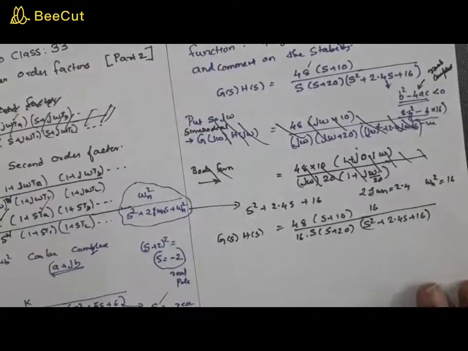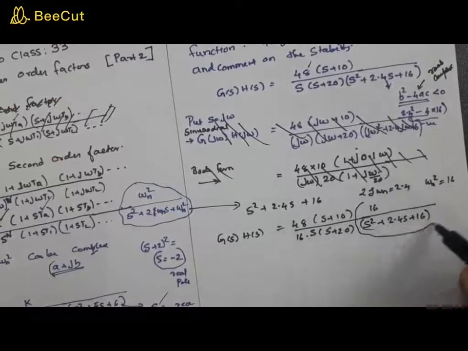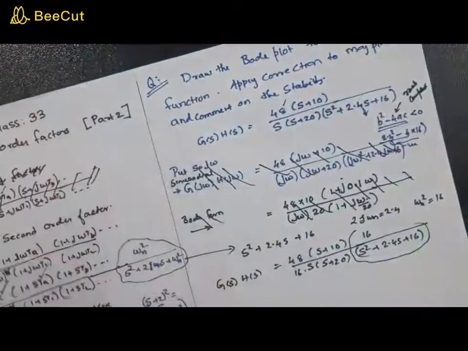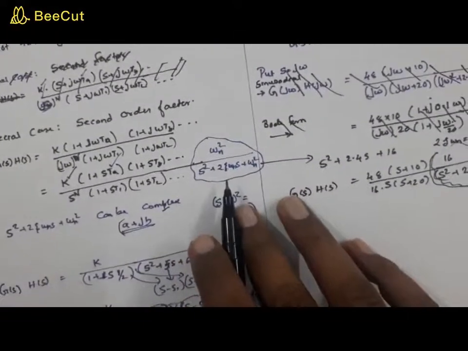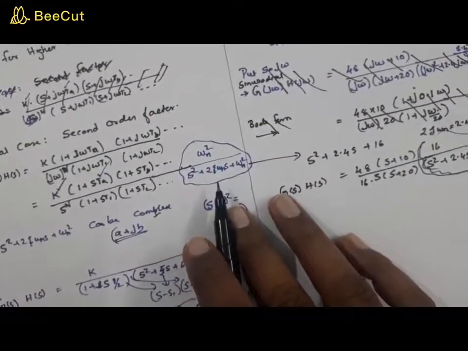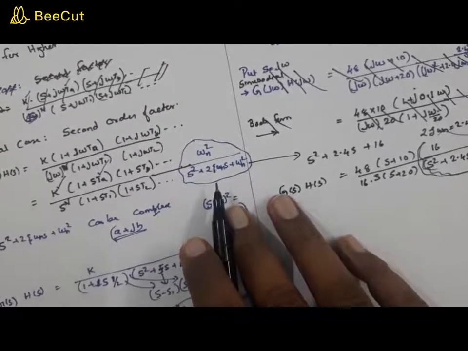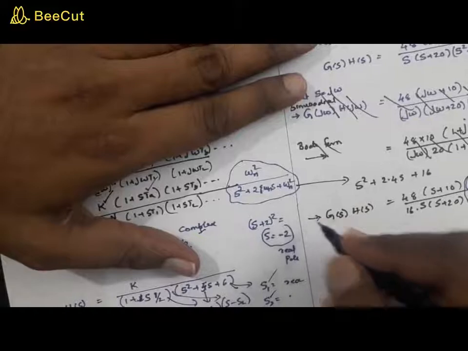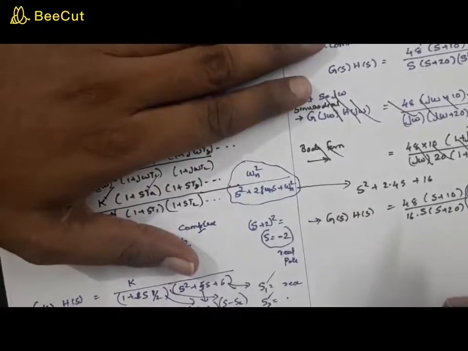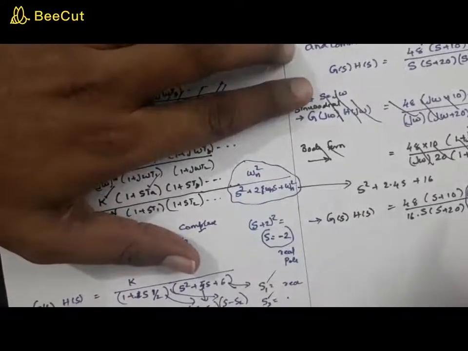So no problem. Now this has become of the form omega n square by s square plus 2 zeta omega n s plus omega n square. Now this is actually your open loop transfer function of a closed loop system.